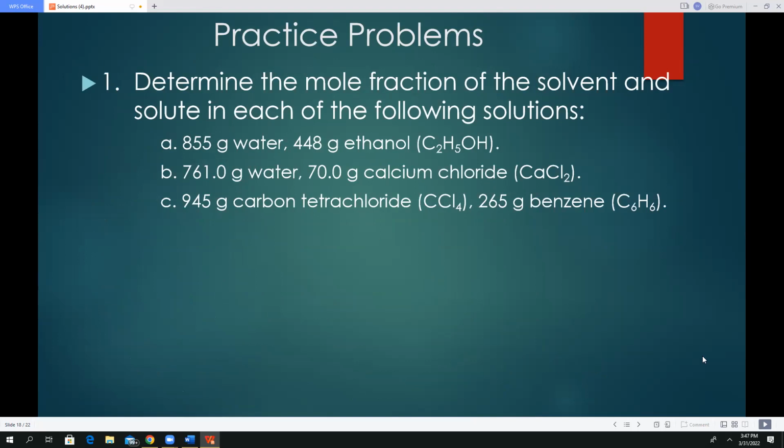You can go back and look at the formula if you need to. First you have to figure out how many moles that is.